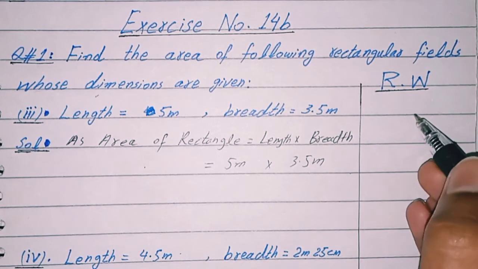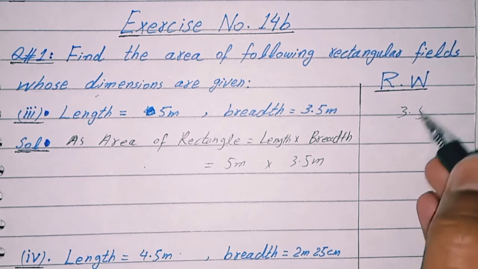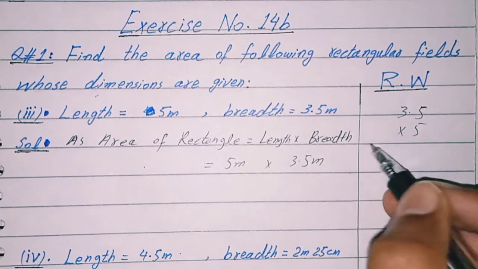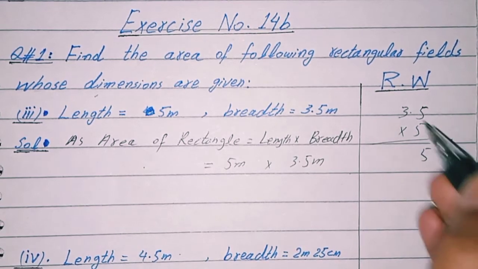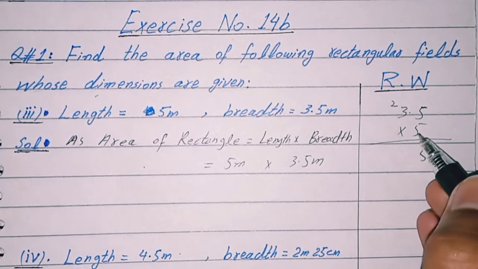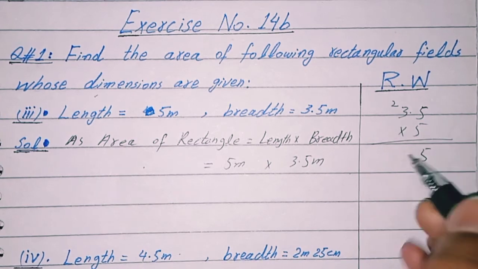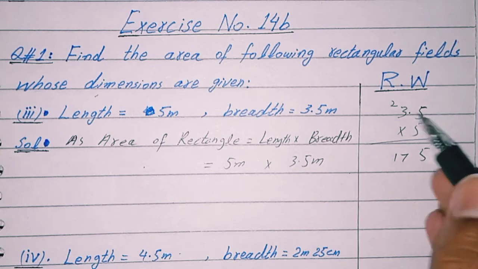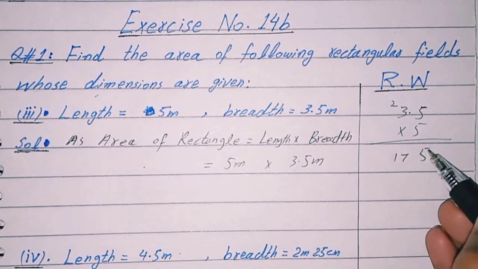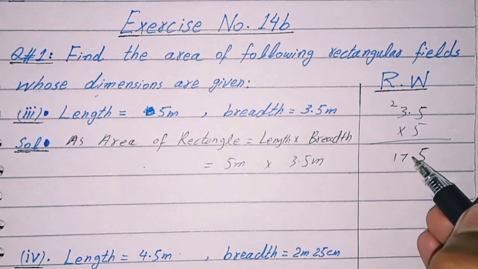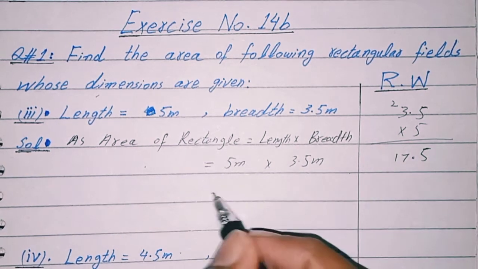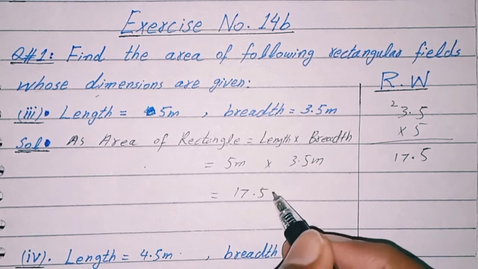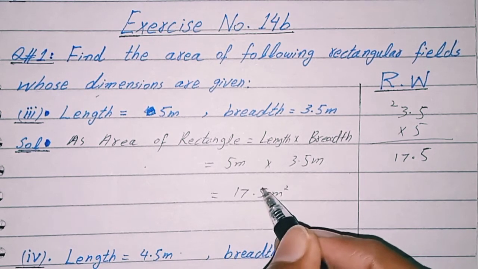We will multiply in rough work. 3.5 multiply 5. 5 5s are 25, 2 will be carried. 5 3s are 15 and 2 is 17. The decimal point will be after one digit. So the area of rectangle will be equal to 17.5 meter square.